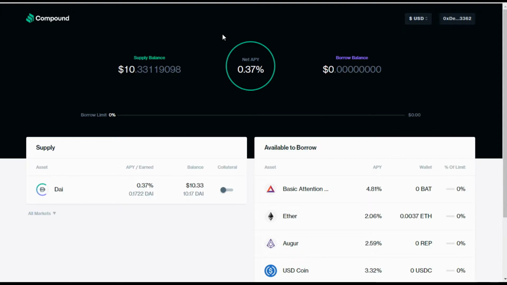Okay, so this is my account. So basically when we started this, which was, I don't know, a while back now, I put in $10 worth of Ethereum. At the time we opened it up, the interest rate was, I believe, something like 7.51, and then shortly after that it went up to about 8.